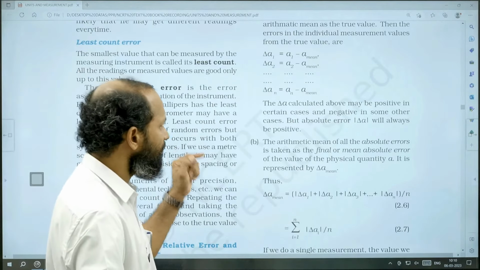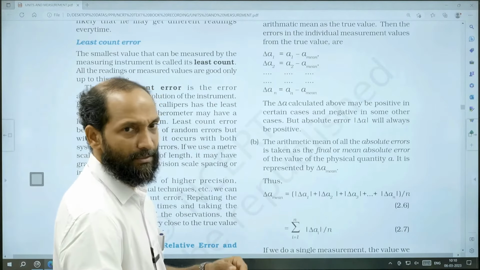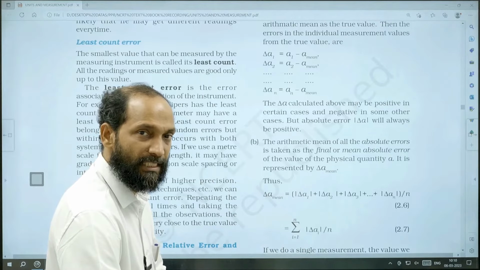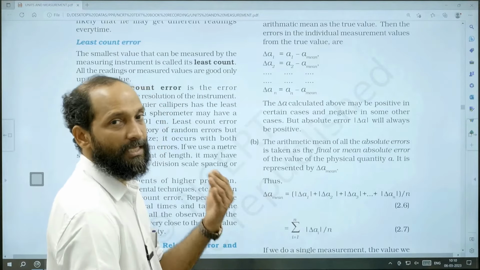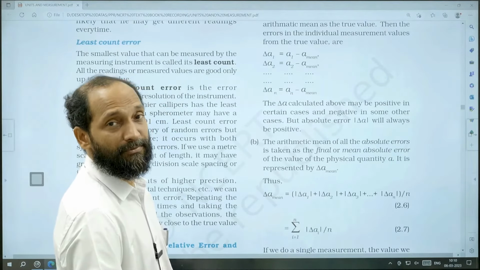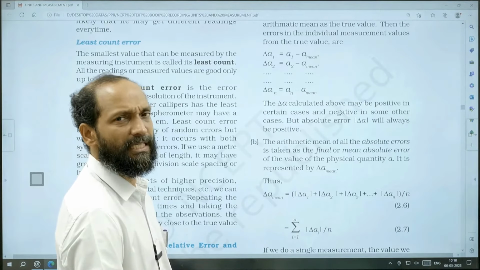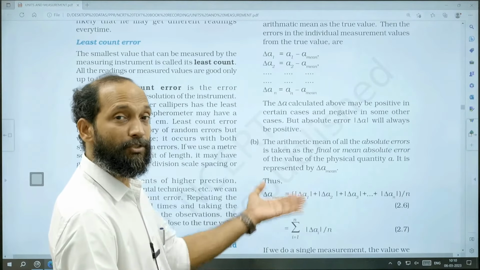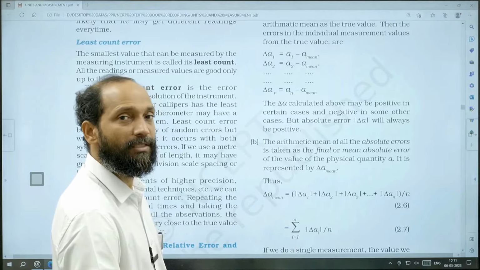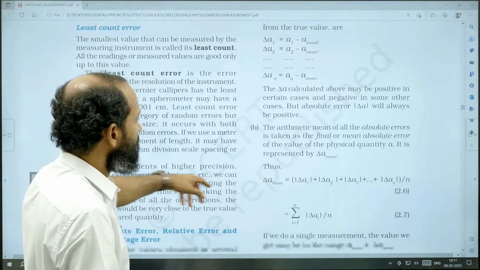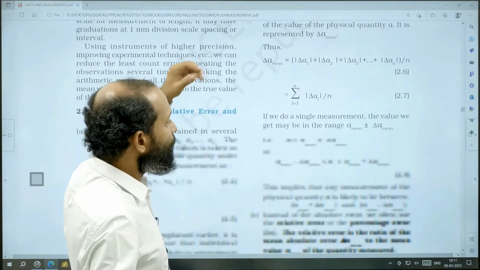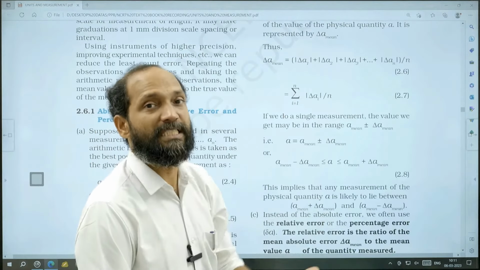Each deviation may be positive or negative, but absolute error can never be negative. The arithmetic mean of all these absolute errors is called the mean absolute error, delta A mean.